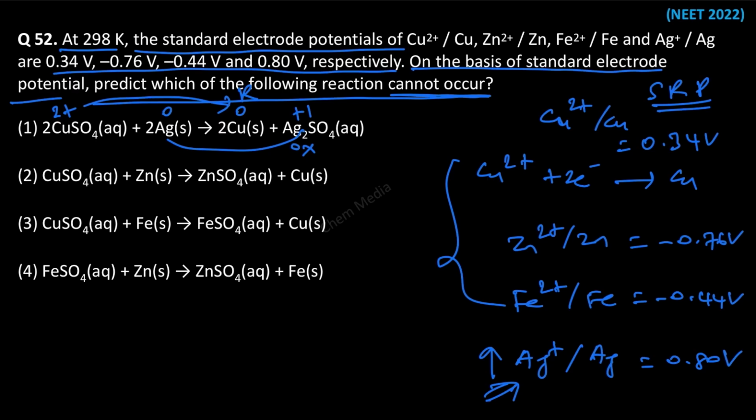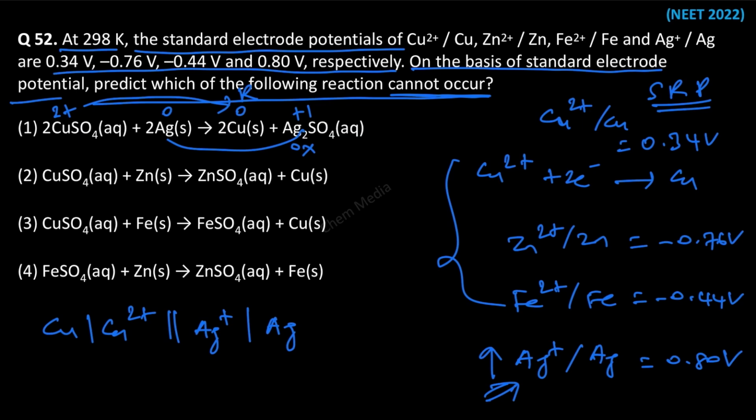Now if we are connecting copper and silver electrodes in the direction of the spontaneous change, then we can write the cell notation this way: copper 2 plus, salt bridge, and then Ag plus becoming Ag.